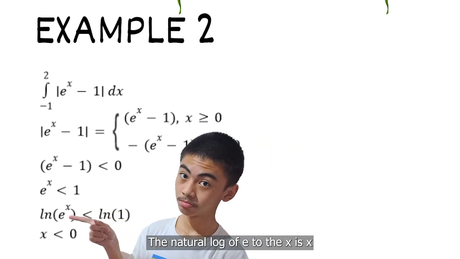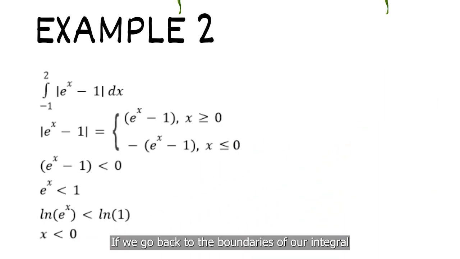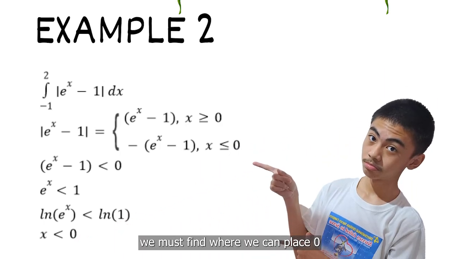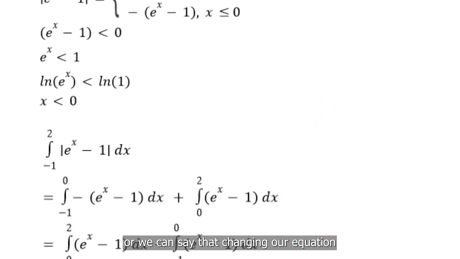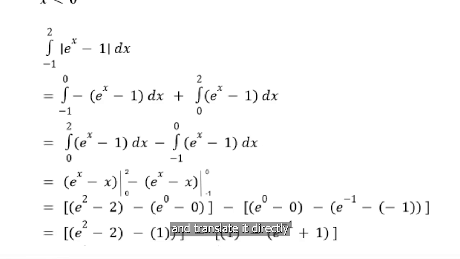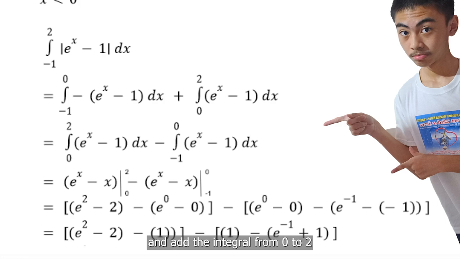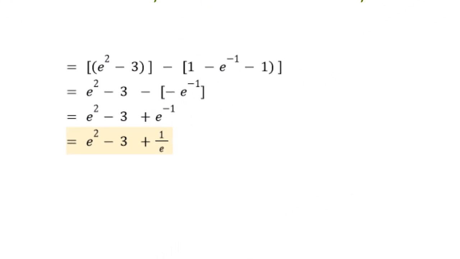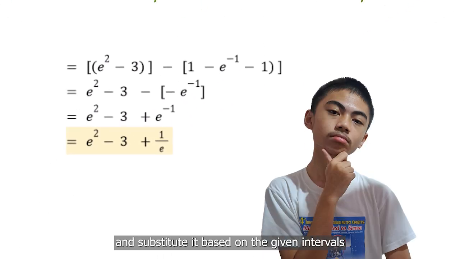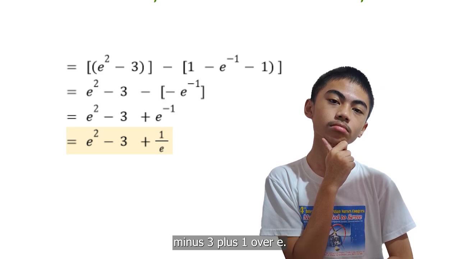The natural log of e to the x is x, while the natural log of 1 is 0. If we go back to the boundaries of our integral, we must find where we can place 0. That will be in between 2 and negative 1. Or we can say that change in our equation and translate it directly as the integral from negative 1 to 0 of negative e to the x minus 1 dx, and add the integral from 0 to 2 of e to the x minus 1 dx. Then we get its derivatives and substitute it based on the given integrals. Simplifying the whole equation, we get the result of e squared minus 3 plus 1 over e.